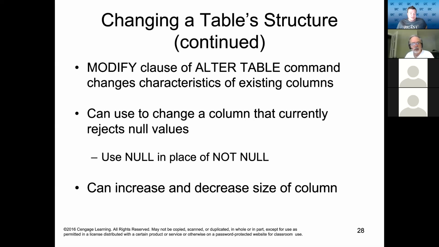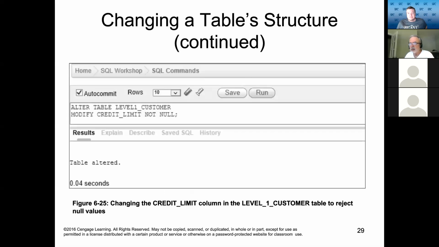We can also increase and decrease the size of a column. So here's an example where we're saying alter table level 1 customer, and we're modifying the credit limit to make it not null. So from here on out, you cannot have null data in there.